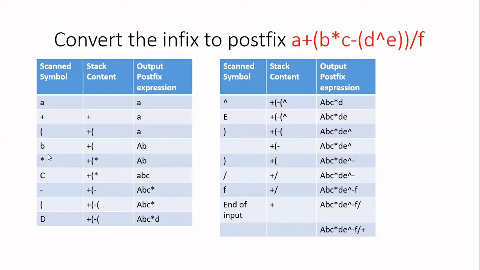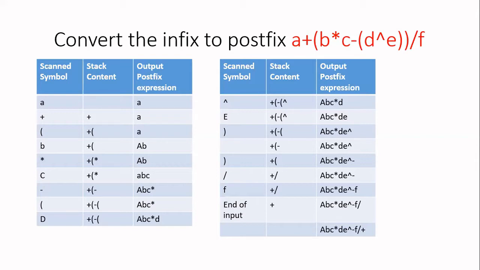This is an operator. When you get an operator, you have to compare the priority of the operator with the priority of the operator on the top of the stack. So now I have multiply. On the top of the stack, I have open parenthesis. When you have open parenthesis on the top of the stack, whatever new character you are getting, just push it onto the stack.